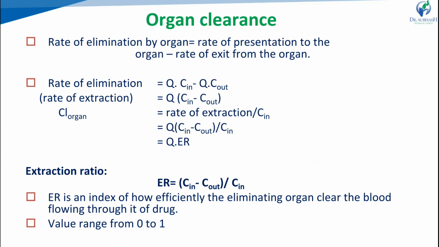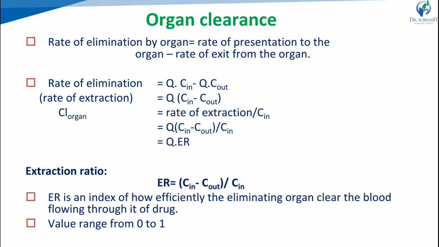In organ clearance, the rate of elimination by the organ is equal to the rate of presentation to the organ minus the rate of exit from that organ. So the equation becomes Q into C in minus Q into C out. Q is the blood flow, C in and C out mean rate in and rate out.